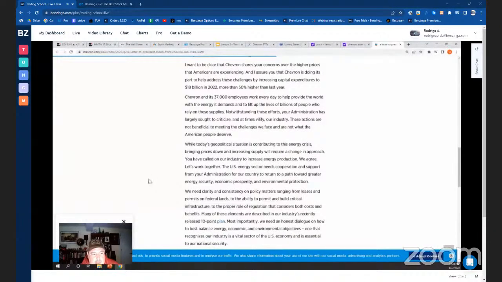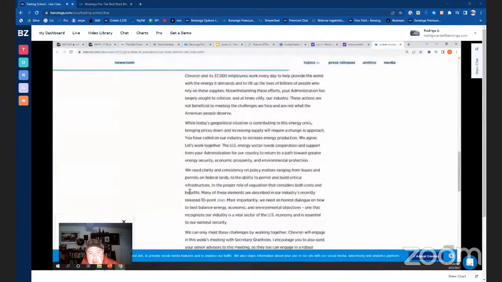So this is pretty kind of sad that they feel the need to do this. But here's the thing: clarity and consistency on policy matters ranging from leases to permits. There's all these leases out there, but they're not issuing permits.